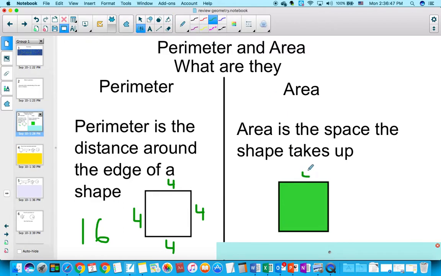So again, we'll say this guy's 4 by 4, right? Now, with squares and rectangles and those four-sided shapes, you can get the area of any shape like that by multiplying, not adding, multiplying one side by the other side, right? So 4 times 4 is 16, right?